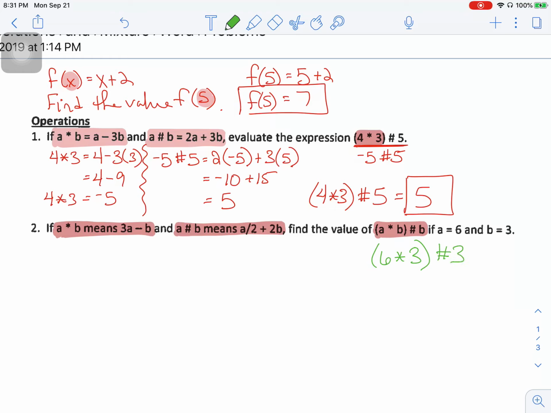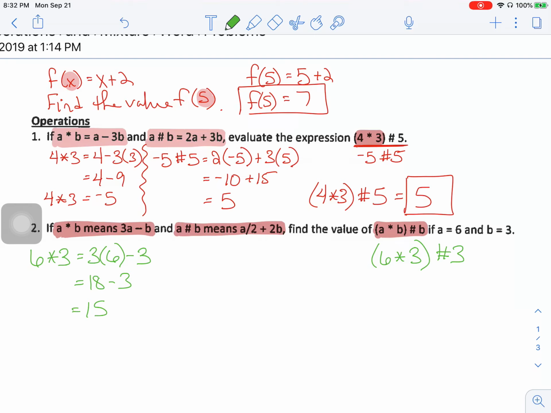Okay. Order of operations, you have to do what's inside the parentheses first. So the first thing I want to find is 6 asterisk 3. So 6 is in the first position, which means it's going to take the value of A. 3 is in the second position, which means it's taking the value for B. So let's see, we've got 3 times A minus B. So 18 minus 3 should be 15.